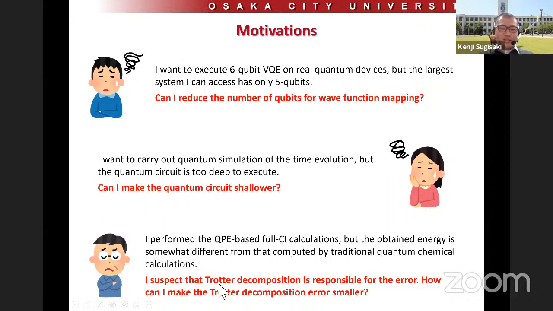And he suspects the Trotter decomposition error is the main error source. So how can he make the Trotter decomposition error small? Today I'm going to talk about these 3 topics. And first, I would like to discuss the qubit reduction.